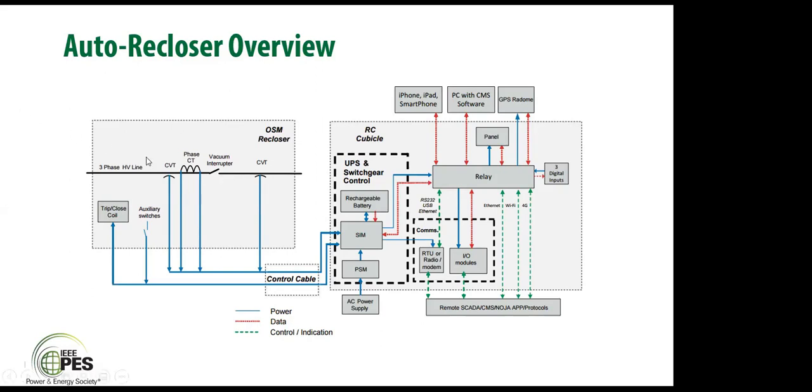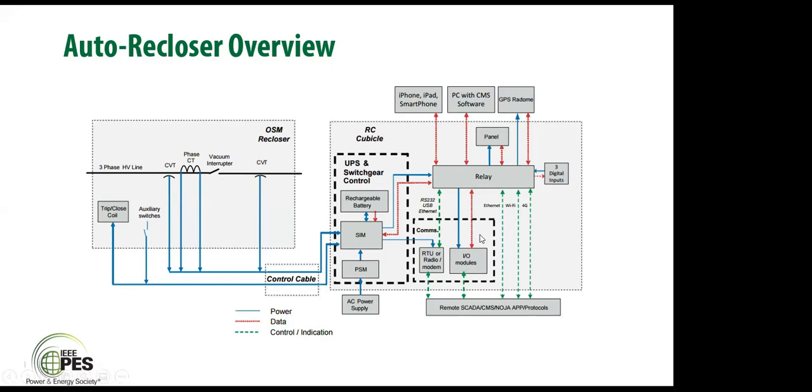You can see on the left side a vacuum interrupter. When the trip coil activates, the vacuum interrupter completes the interruption, whereas when you energize the close coil, the vacuum interrupter closes the line. So by energizing the trip and close coil, we are doing the interruption in the line.